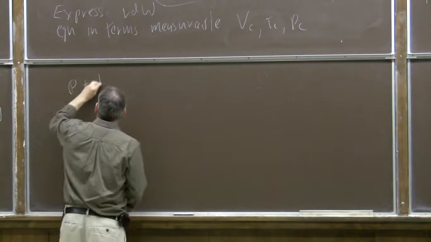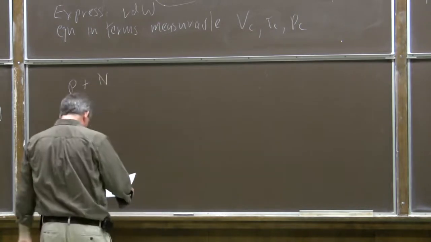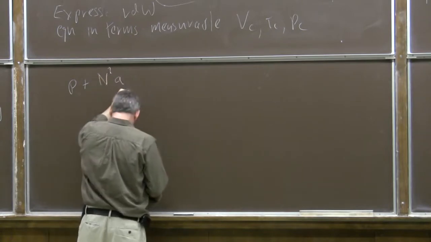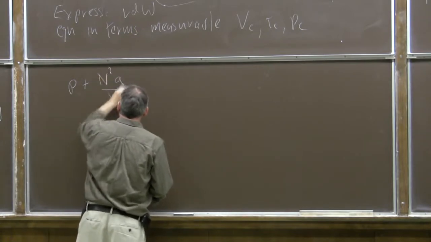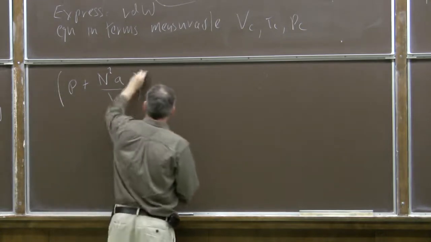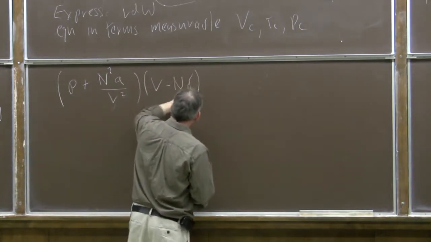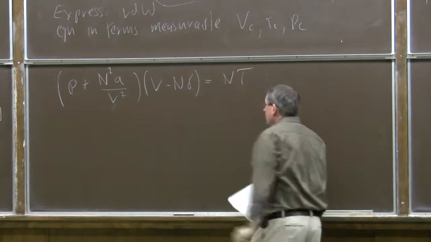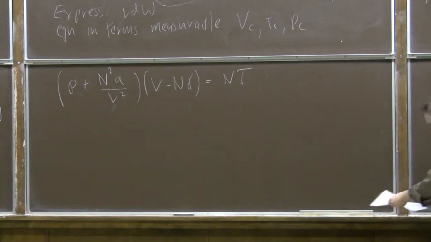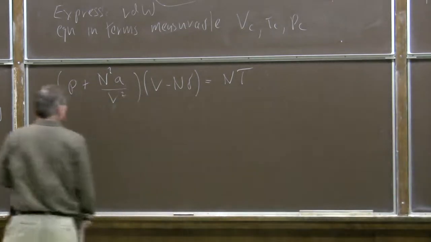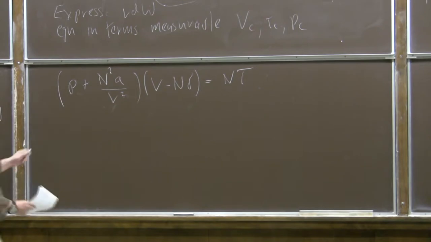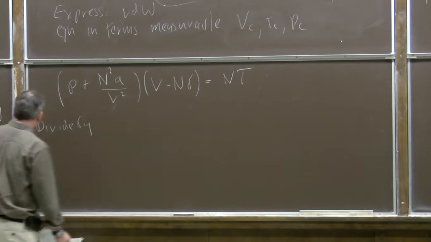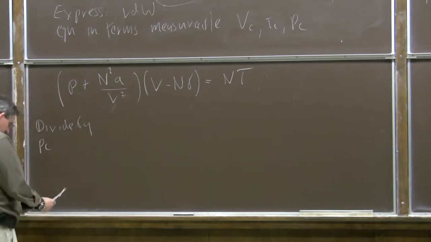So just rewriting the van der Waals equation I had written down earlier: pressure plus N squared A divided by V squared times volume minus the excluded volume NB equals N tau. And now let's substitute in, in effect, what we know about A and B. Well, here's a convenient way to do it. Let's divide by PC and VC.